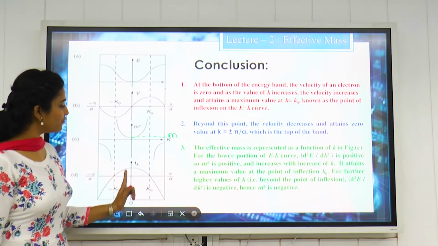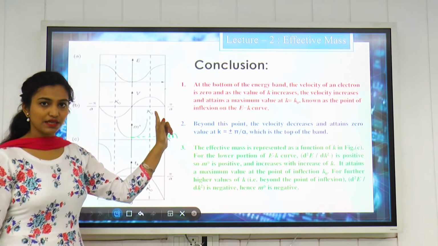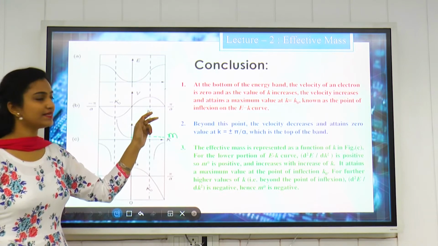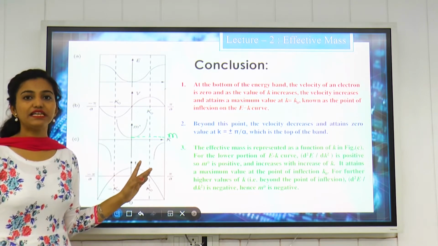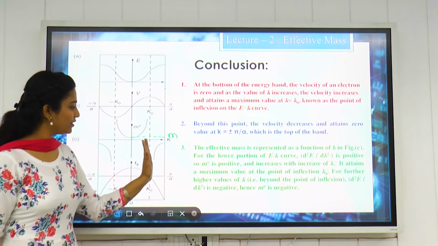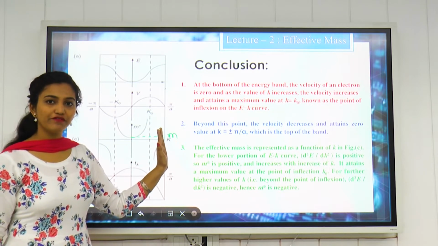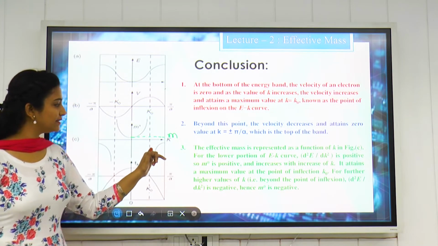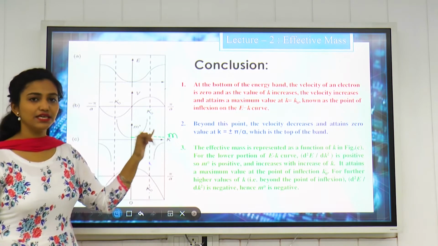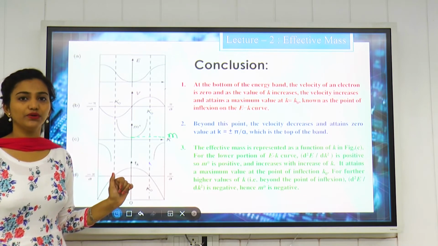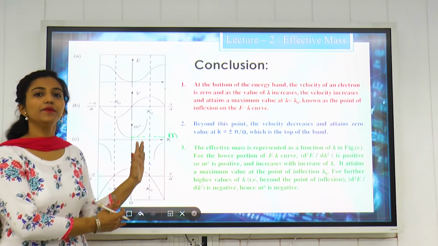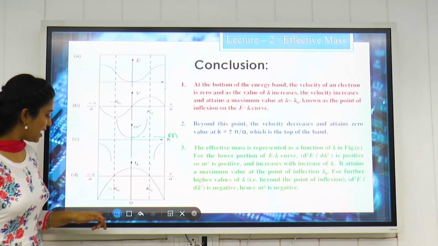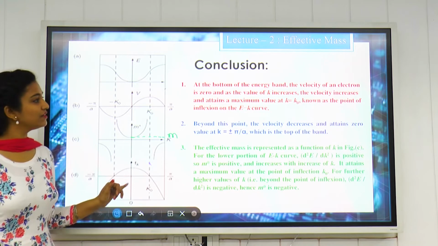When the value of k is increasing, the effective mass is increasing, and at the point of inflection it has some value which is very high, like infinity. And after the point of inflection, again it is having the infinite value, and then further it is decreasing as k approaches plus pi by a on one side, and on the other hand minus pi by a.